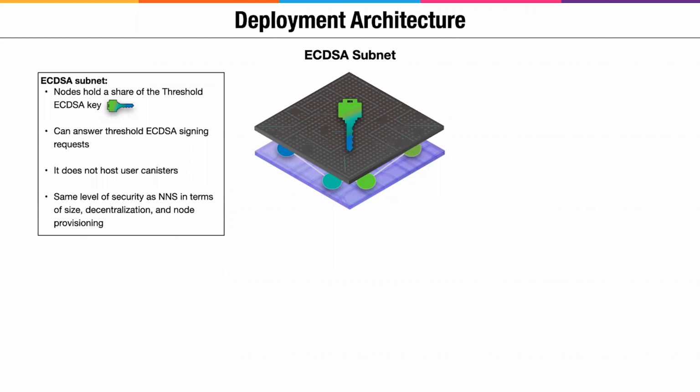Now security-wise, what we did is we decided that on subnets that are enabled with ECDSA, we do not want to have user canisters, because user canisters always provide, even if the execution is isolated, some more risk in terms of sandbox escape attacks and things like this. So we said we don't want to have user canisters for this reason on these subnets.